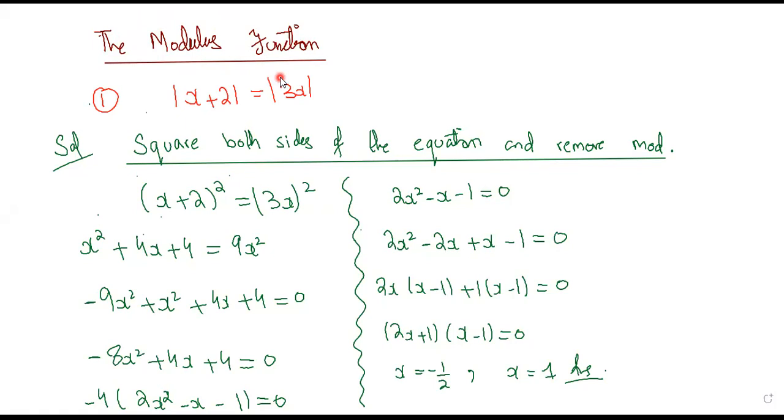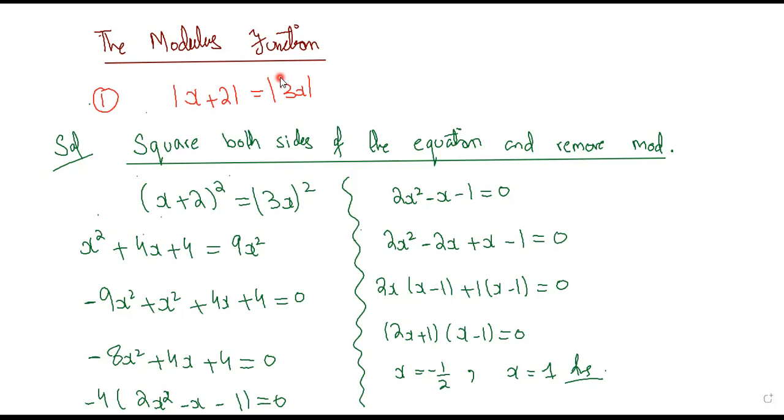So for example, mod of 3 would be 3, mod of 4 would be 4, but mod of minus 3 and mod of minus 4 would be 3 and 4.